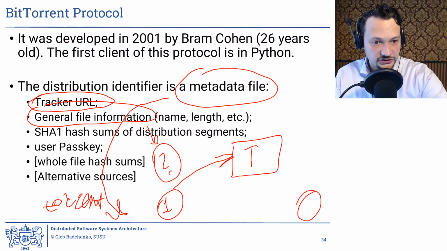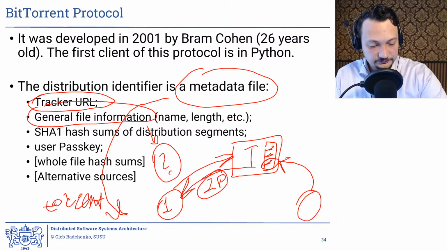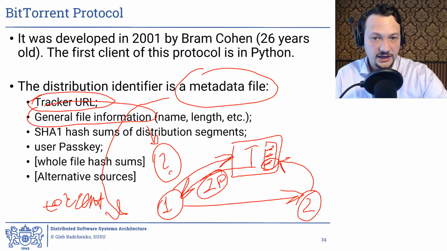The tracker searches in its local index where the peers are that have this file. And when it finds the peer that has this file, it sends back to the peer that requested this information the IP address of the peer. Using this IP address, the peer directly connects to the other peer that has this file and asks for this file or parts of this file.